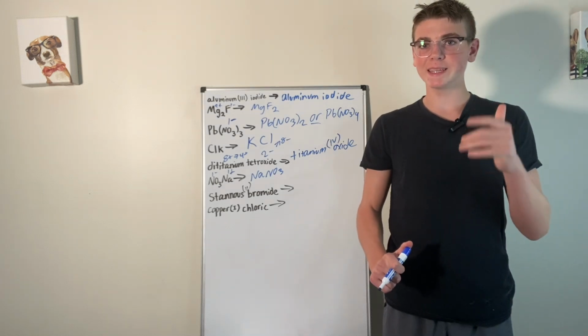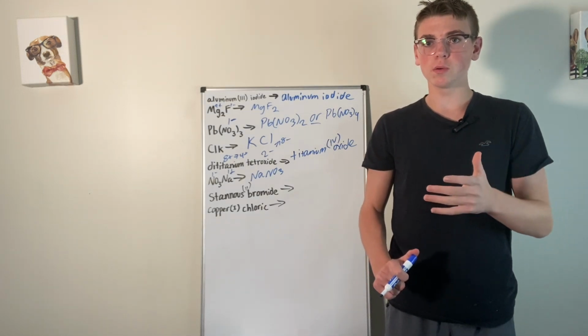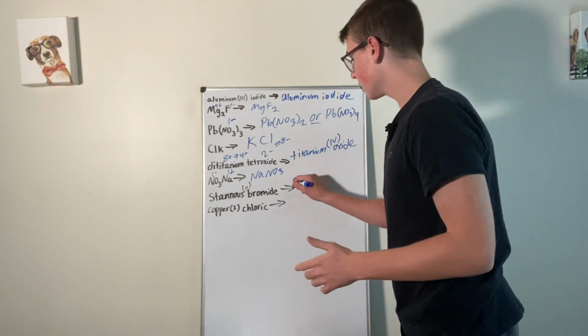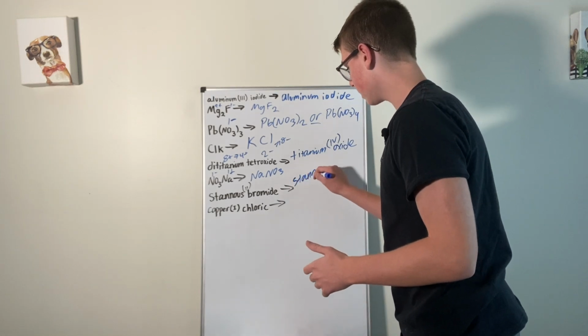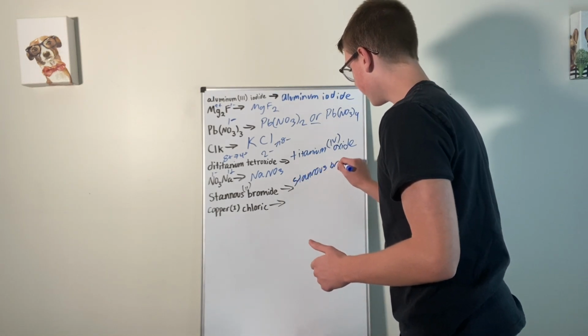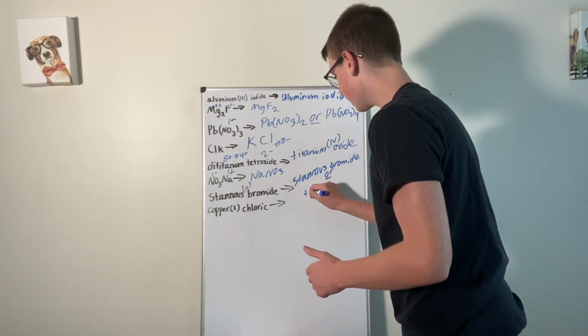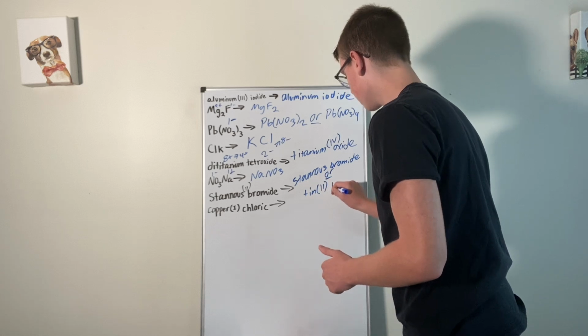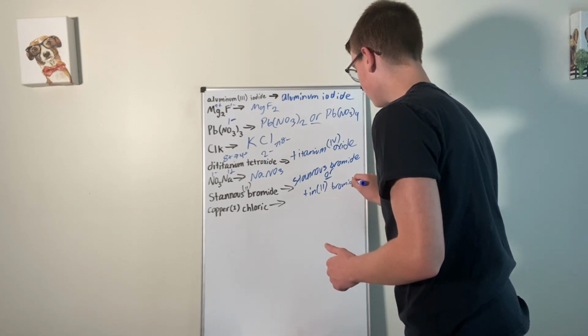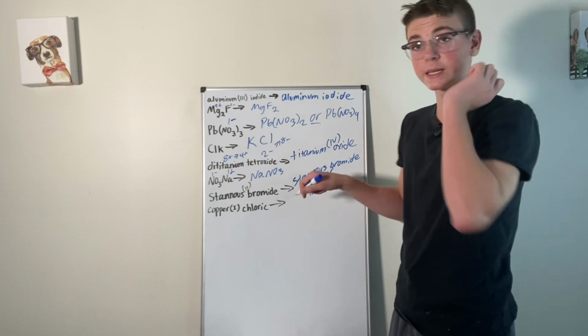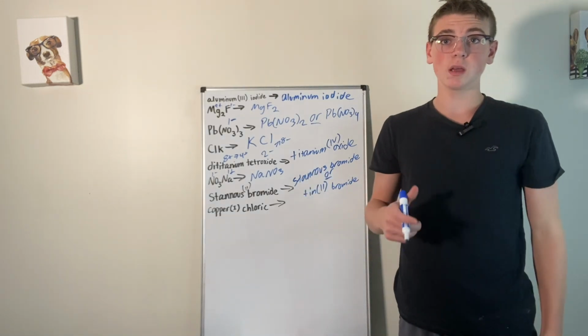Stannous means tin 2. So either you could just say stannous bromide or tin 2 bromide. I always prefer tin 2 over stannous, but just make sure you can read stannous.